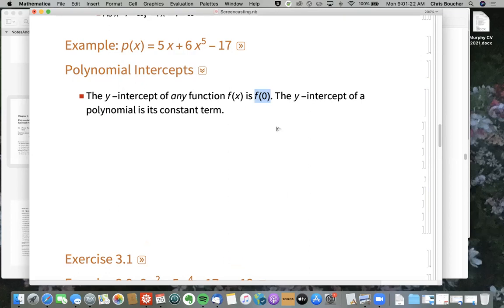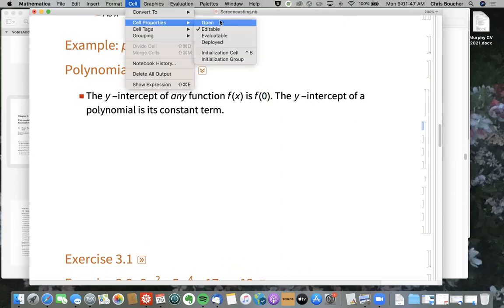This is because the y-intercept is on the y-axis and the x value on the y-axis is 0, so we just plug in an x or input value of 0. A function can only have one y-intercept because it has to pass a vertical line test. So it can't go through the y-axis more than once. It might not have any y-intercept, but it can't have more than one. So this makes y-intercepts pretty straightforward.